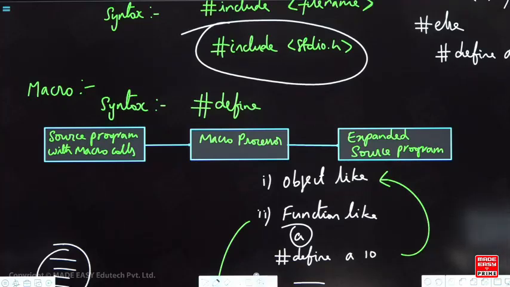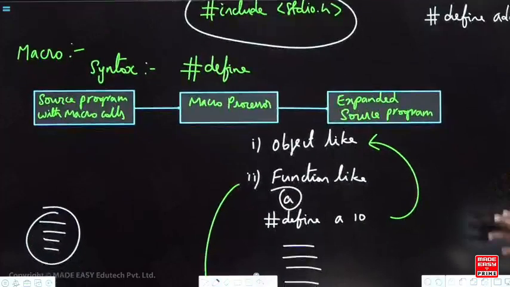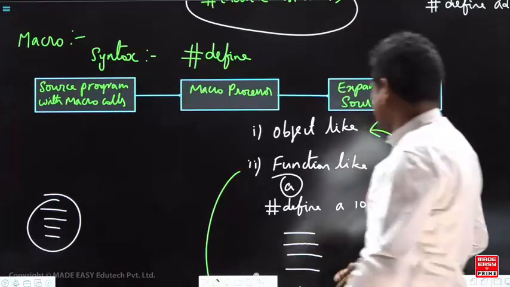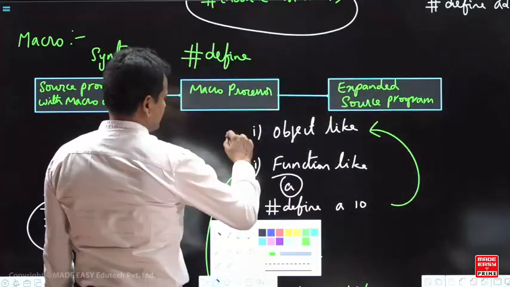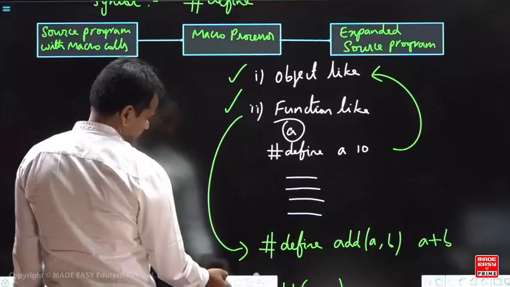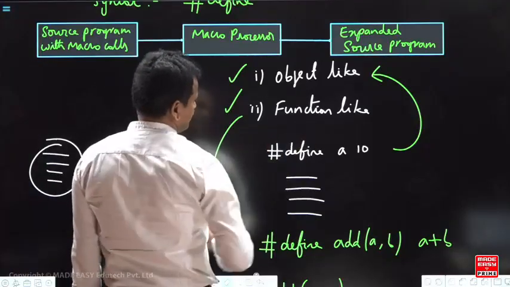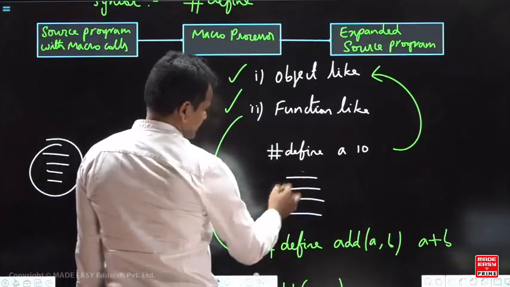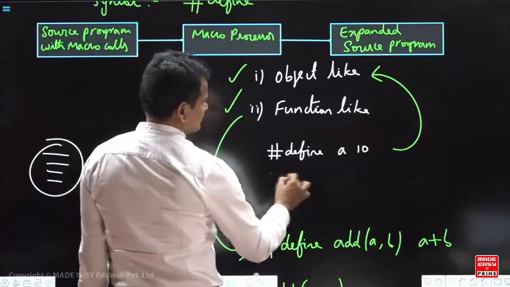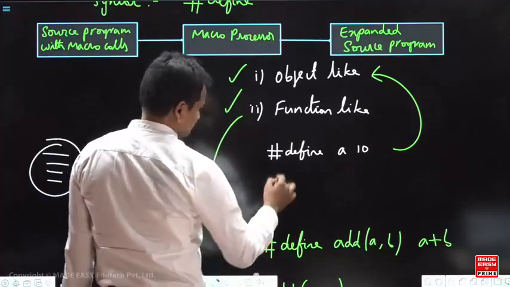Okay guys, now the types of macros. Object-like macro and function-like macro. Object-like macro, the example is this one.